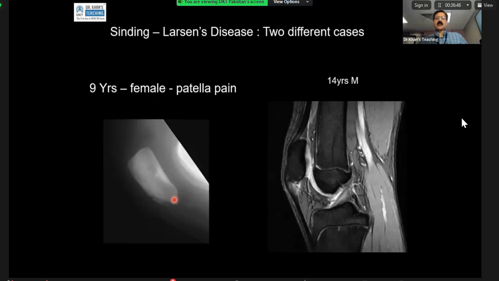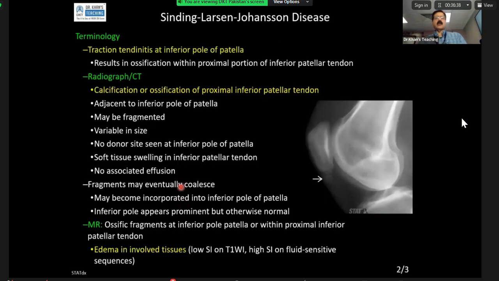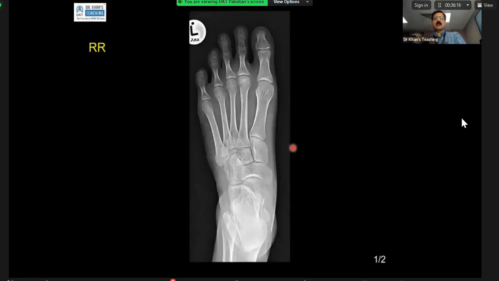So the concept at that time was that there is avascular necrosis of the inferior pole of the patella because MRs etc. were not available, and later on people understood that actually it is just traction tendinitis of inferior pole of the patella, and within that tendon there can be ossification, which gives you this fragmented appearance, etc. Sinding-Larsen disease. Normal, abnormal, your rapid reporting over.